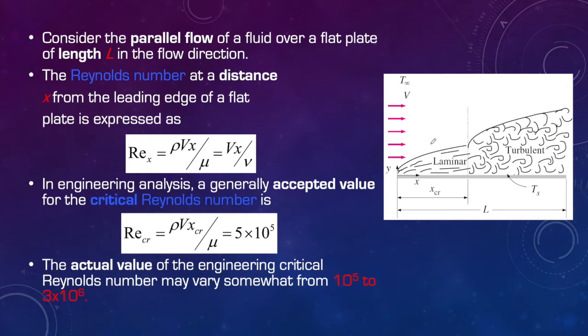So we have this fluid flowing over a flat plate, and before it enters the flat plate, this fluid flows at constant velocity and constant temperature, T infinity and V. What will happen when it approaches the flat plate is that the fluid layer nearest to the flat plate will stick to the surface. This is what we call the no-slip condition.